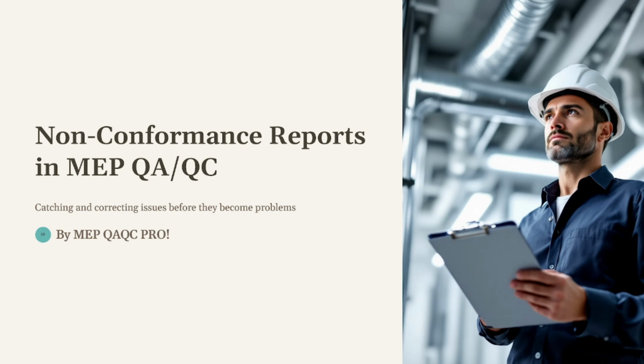Catching and correcting issues before they become problems, that is also known as a non-conformance report. In short, if somebody asks you what is NCR, you can say in a very short form: catching and correcting the issues before they become problems.